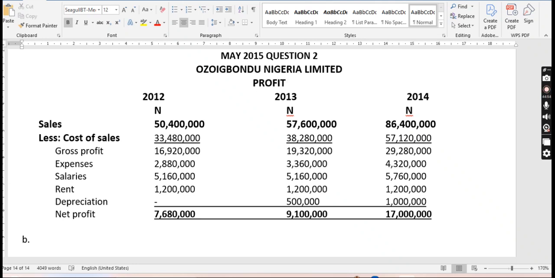Profitability statement for the year 2020. For the years, you can use 2012, 2013.